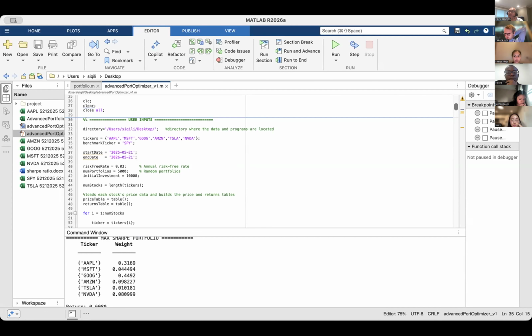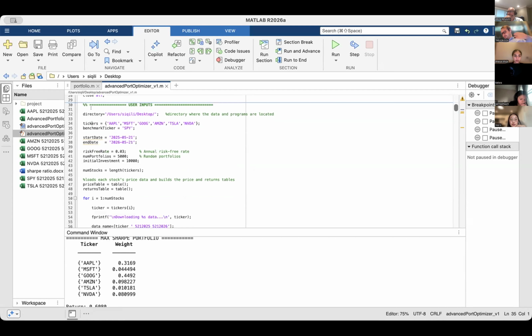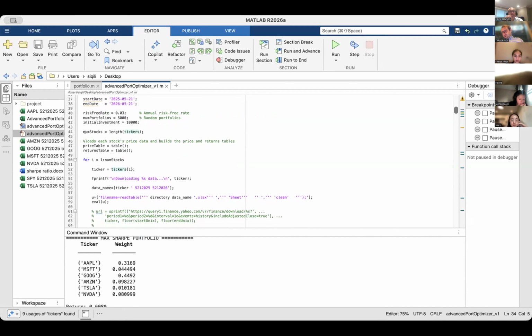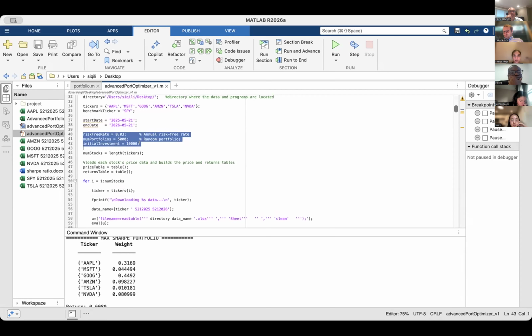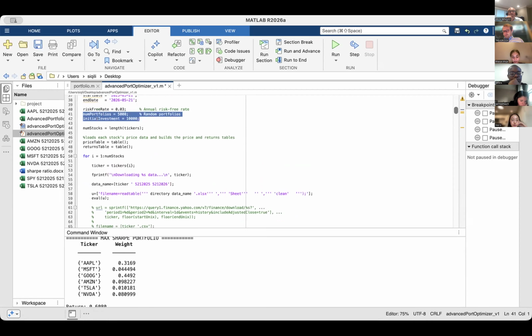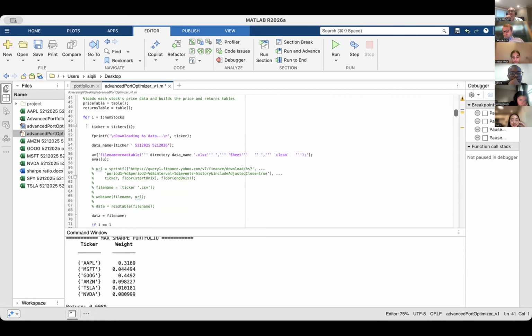So here we use SPY as the benchmark ticker and the others as the normal tickers. And here we set the risk-free rate, the number of portfolios and the initial investment. These two variables will be used in the risk analysis part, so I will mention them again when I use them.